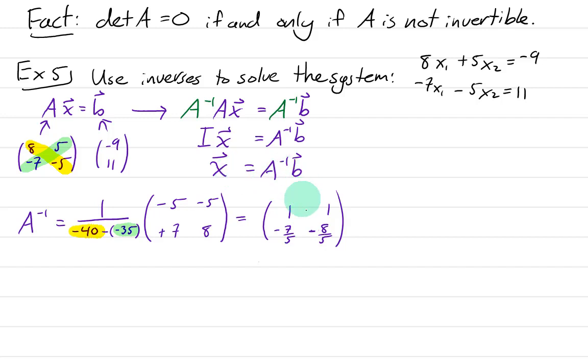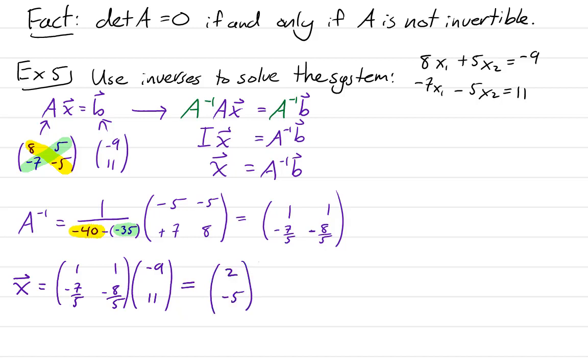Now to get x, we're just going to do A inverse times B. That means multiplying that matrix by -9, 11. I'll pause it to work this out so you don't have to sit through it. You should get 2, -5.